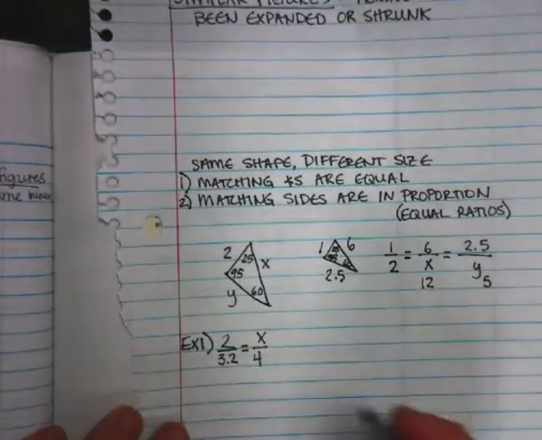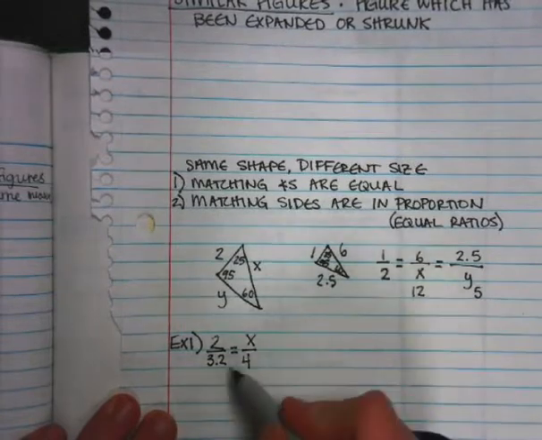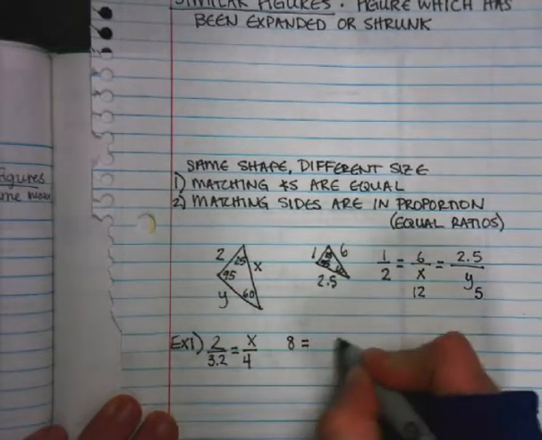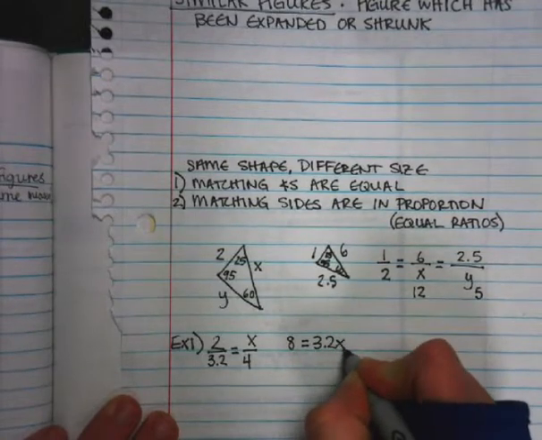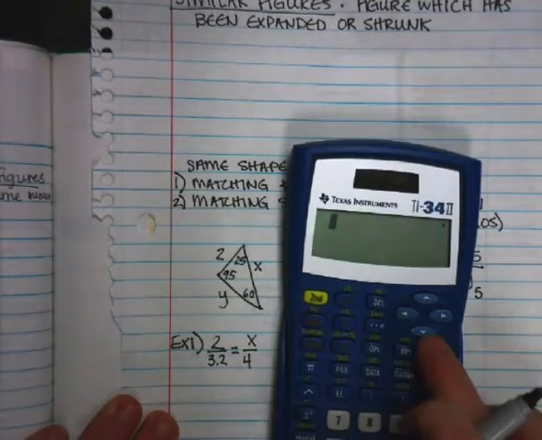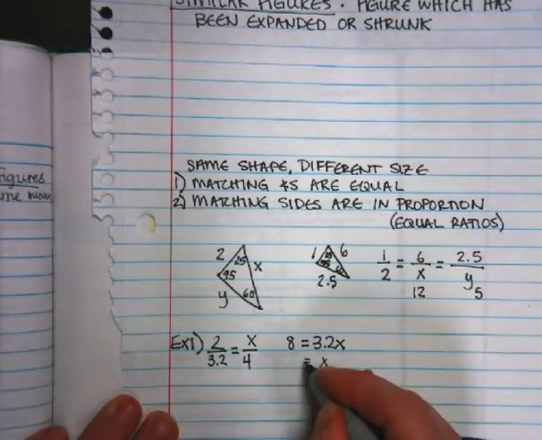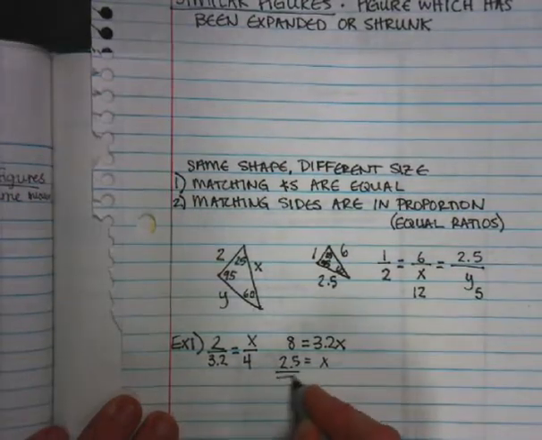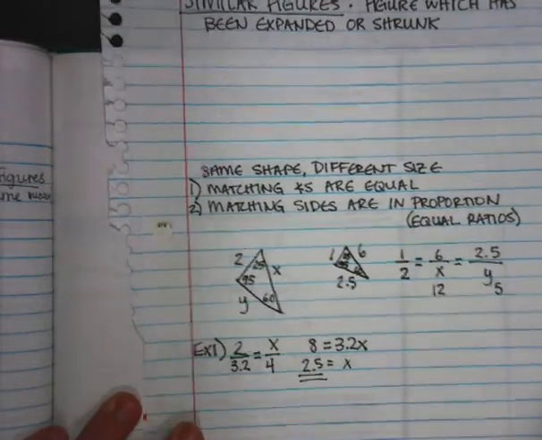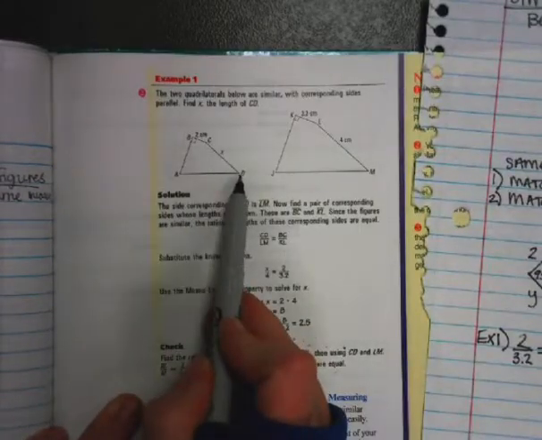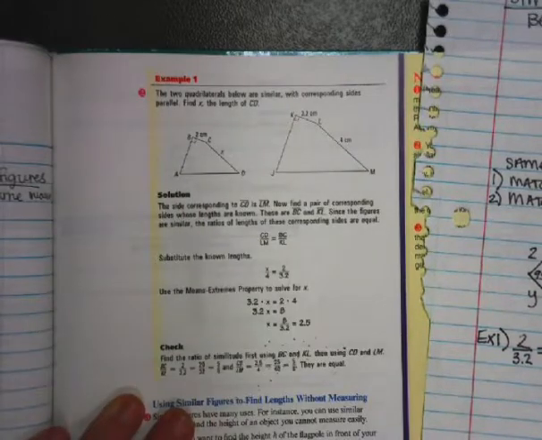So now I know that I can just solve this proportion by cross multiplying. So that's going to be 8 equals 3.2x. 8 divided by 3.2 tells me that x is 2.5. So that's my answer to what is the length of CD. Does that make sense? I definitely think that makes sense.